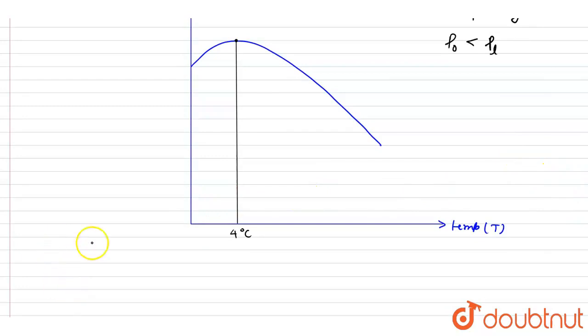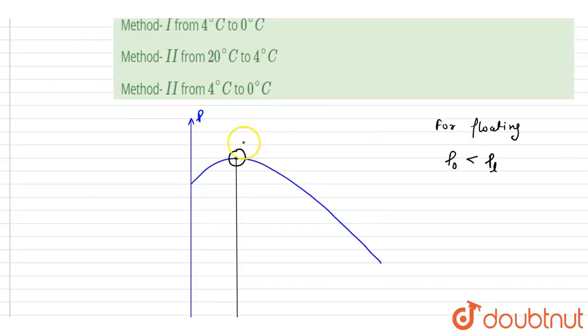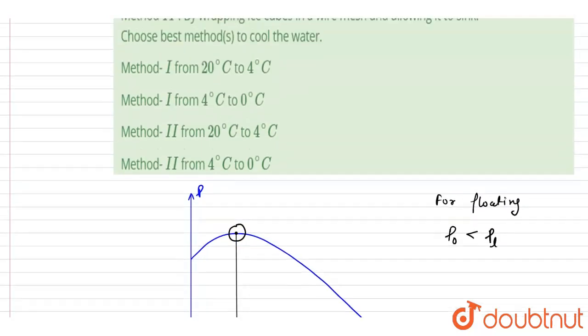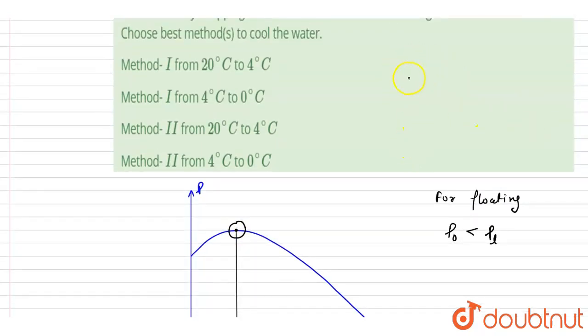So the density of the water will be highest at this temperature and it will try to go downward, and in that way the convection current will rise, which we don't want.